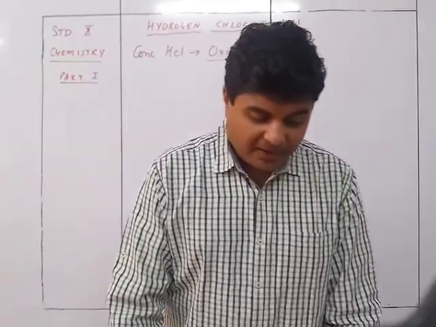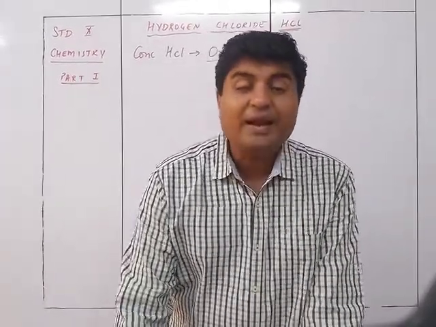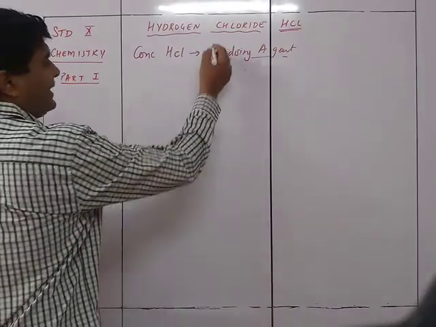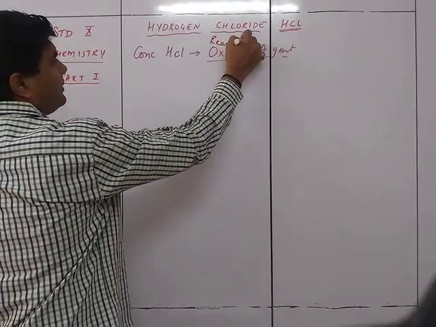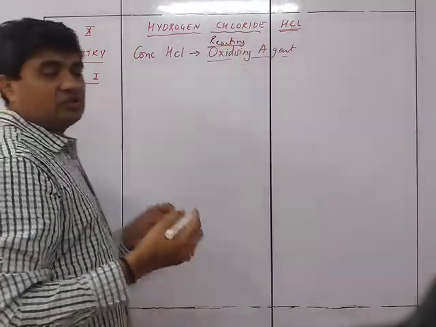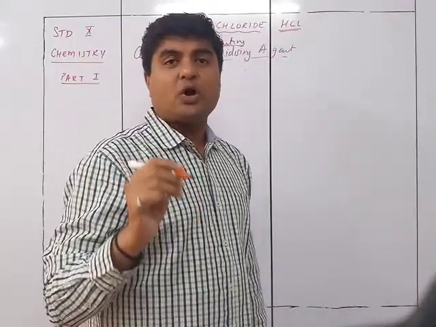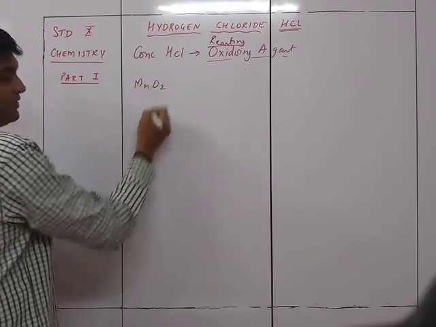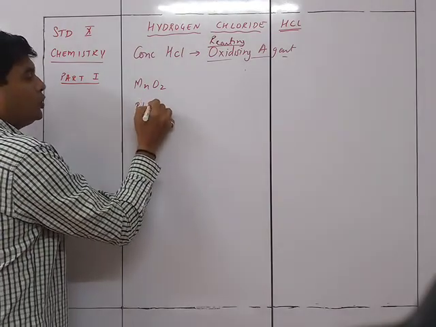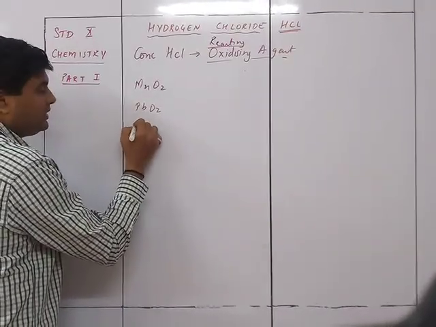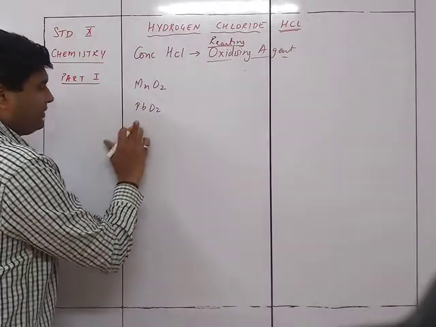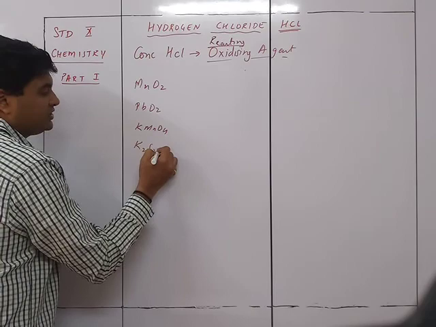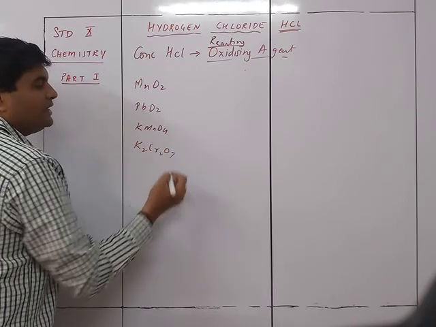When concentrated HCl reacts with an oxidizing agent, any oxidizing agent, like MnO2, PbO2, Pb3O4, KMnO4 potassium permanganate, K2Cr2O7, all these are oxidizing agents.